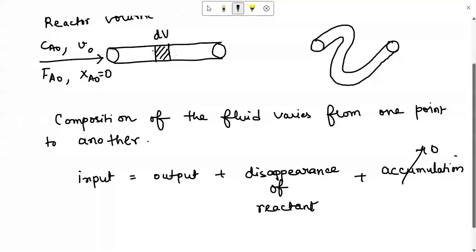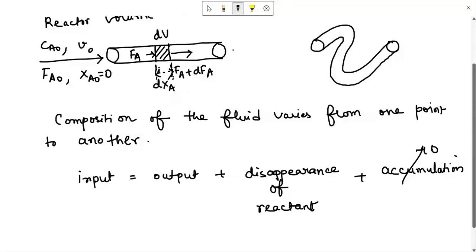Across this differential element, at the inlet side we have the molar feed rate, let's say, FA. On the other side the molar feed rate becomes FA plus dFA, with the conversion changing by dXA within this region. So we are taking the differential element within this dV volume.